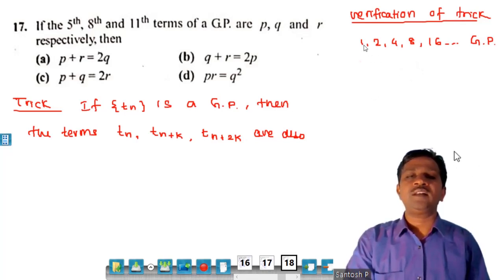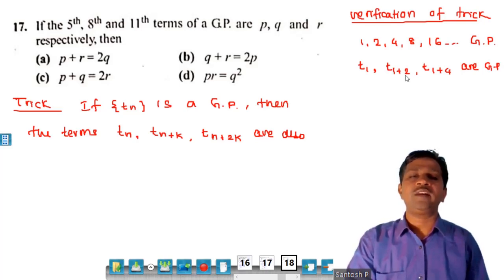So I will consider the first term T1, then T1 plus k. I am taking k as 2 for simplicity, but you can take any value of k. So n is 1, then Tn plus k, and then Tn plus 2k, where k is 2 so 2k will be 4. So T1, T3 and T5 should also be in GP.